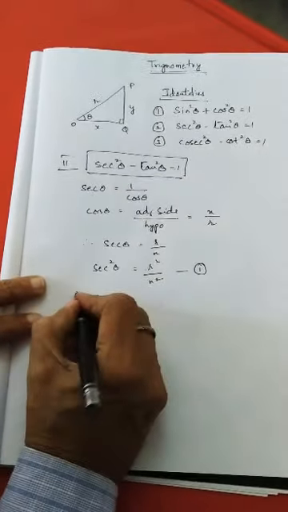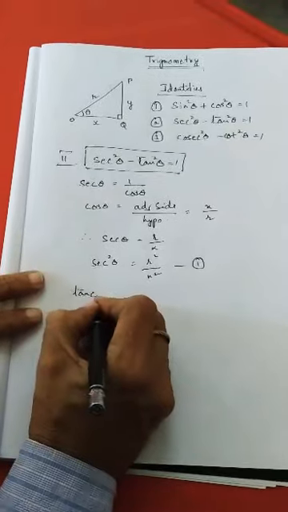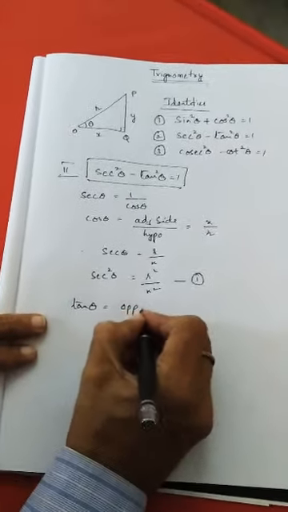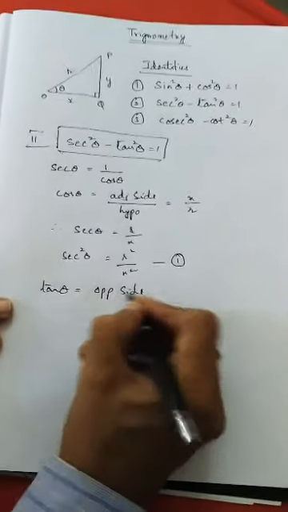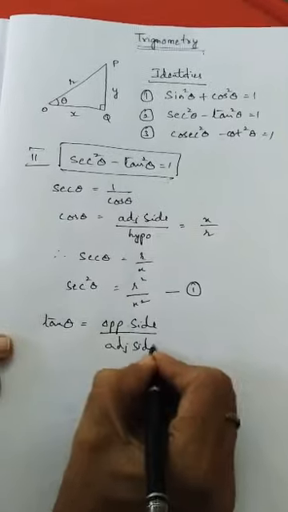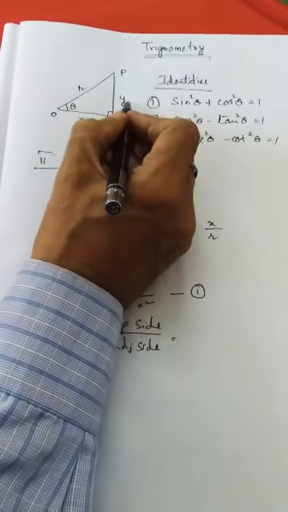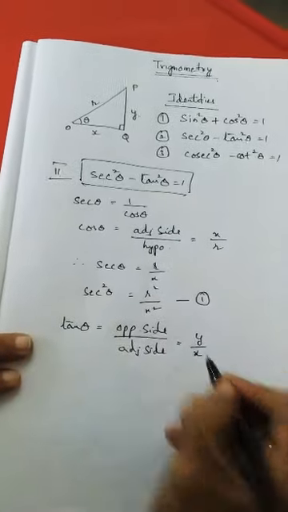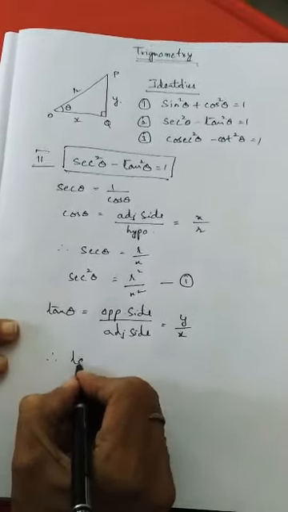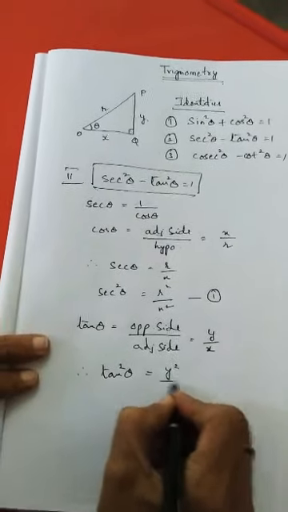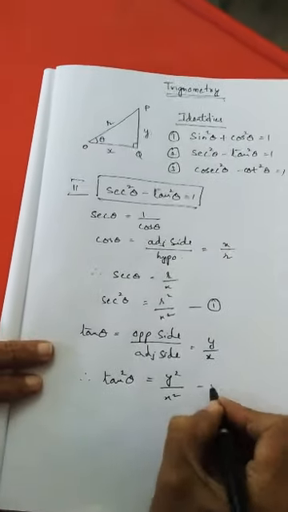Similarly, we take tan theta. We already know the ratio of tan is equal to opposite side by adjacent side. Here the opposite side is y and the adjacent side is x, so it is equal to y by x. Therefore tan square theta is equal to y square by x square. This is equation 2.